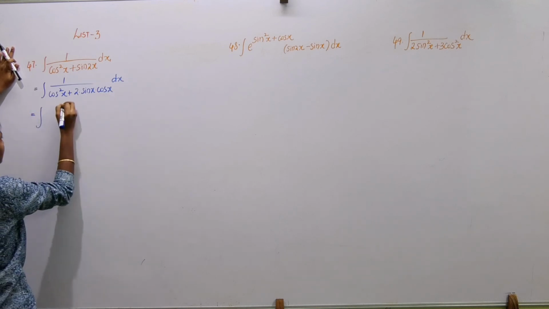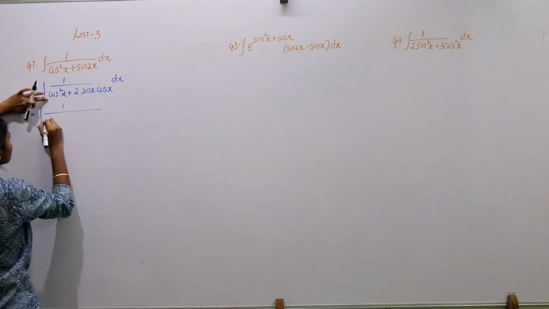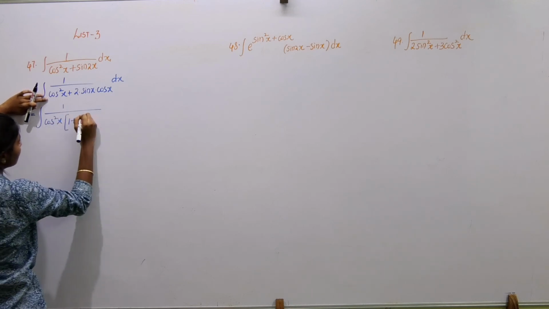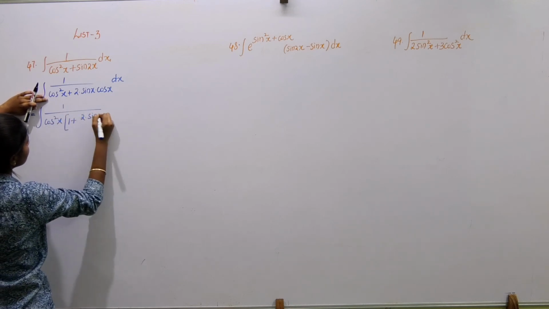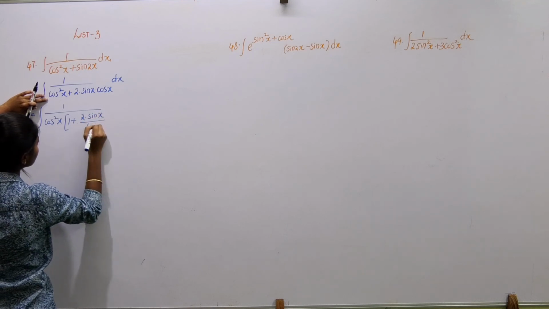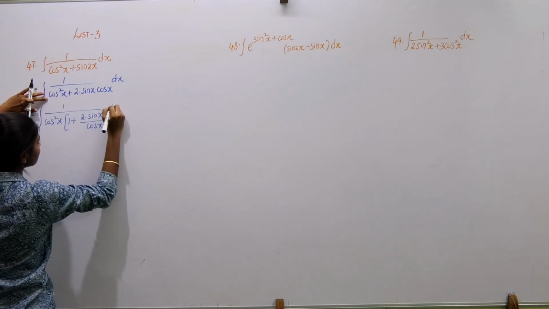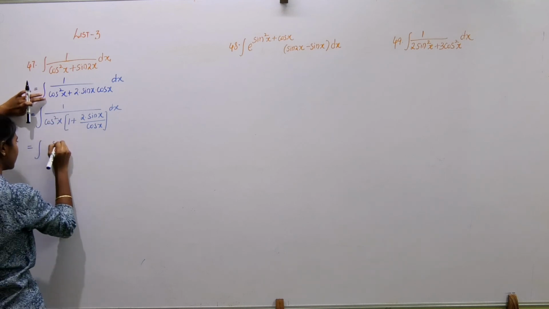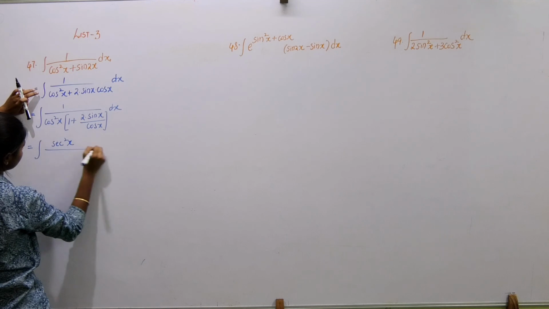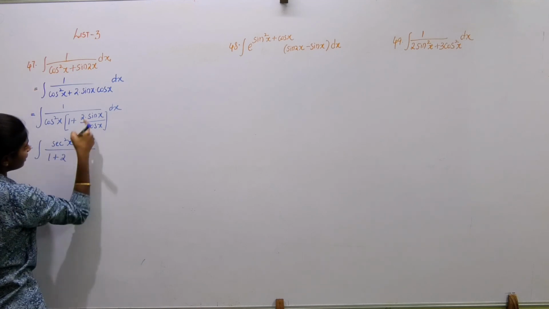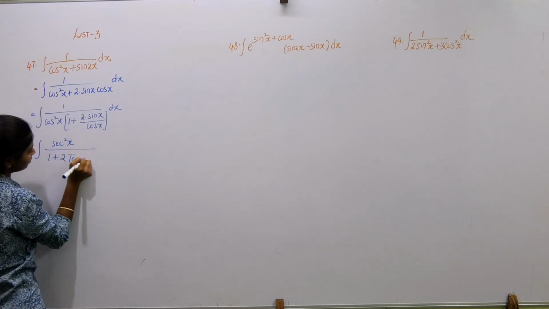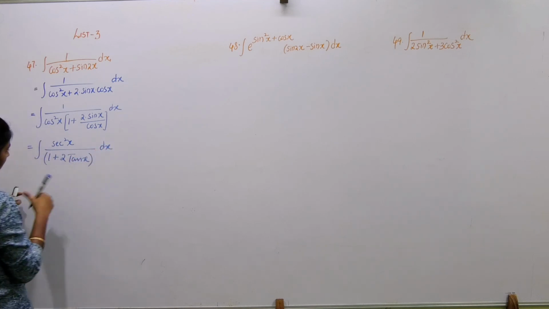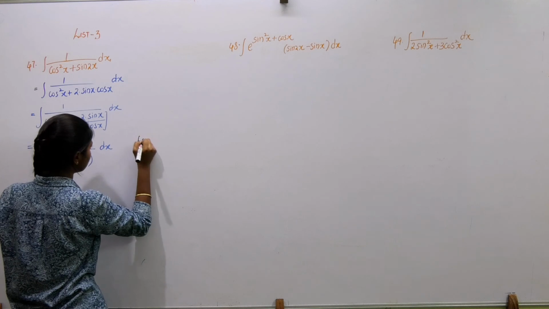It is equals to integral 1 by, take cos square x as common, we have 1 plus 2 sin x by cos x dx. It is equals to integral 1 by cos square is secant square x by 1 plus 2 tan x dx. Now let this be f of x.